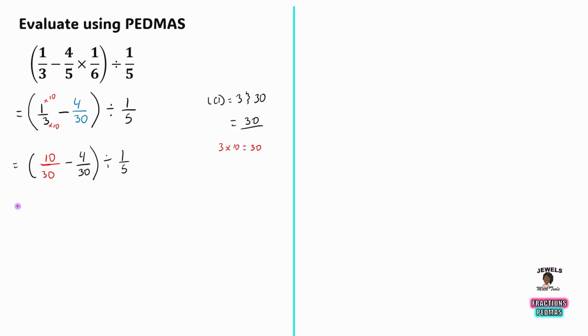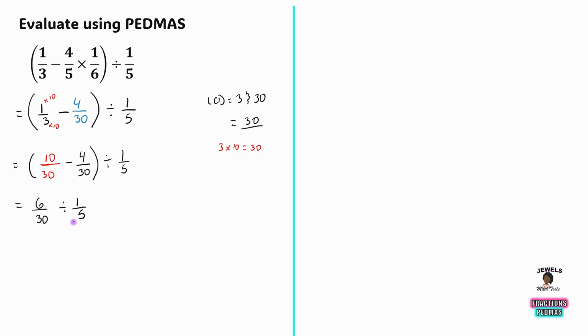Okay, so now let's subtract our fractions in our parentheses. We have 10 subtract 4 will equal 6, and 30 will remain in our denominator. Now, after we have worked out everything within the parentheses, then we can remove the parentheses. That means I do not have to write it back. And now I can include my 1/5.